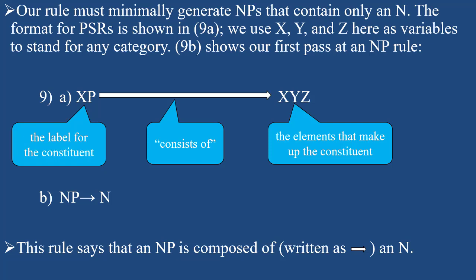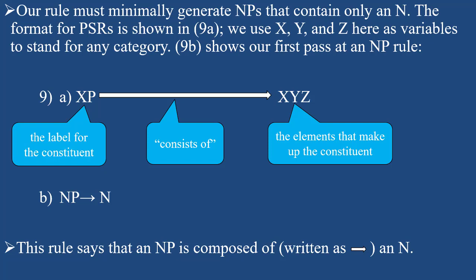We use X, Y, and Z here as variables to stand for any category. 9b, for example, shows our first pass at NP rules. In 9a, we have this rule. This is the rule that we use to generate phrase structure rules.